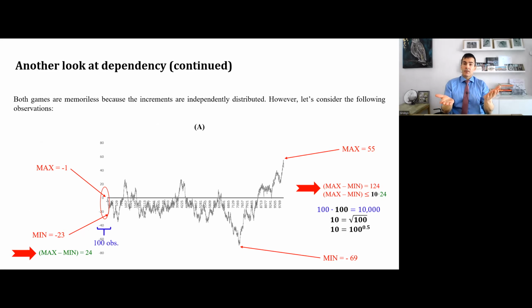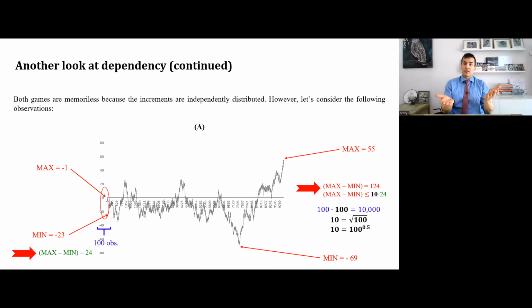So what we can say is the range between maximum and minimum, considering all 10,000 observations, is equal or less than 10 times the range between maximum and minimum given the first 100 observations. Because obviously 124 is smaller than 10 times 24, which is 240.